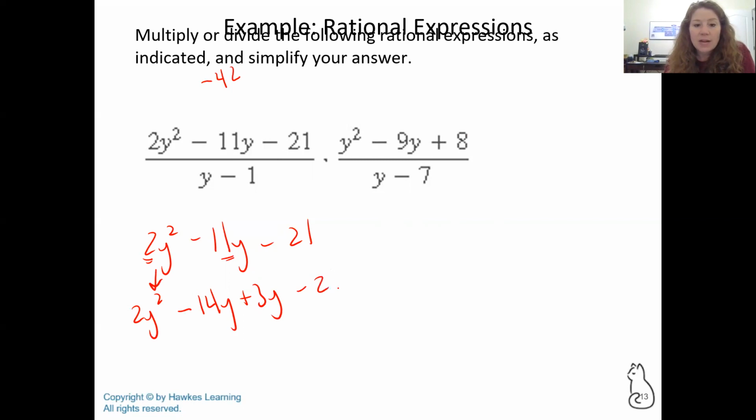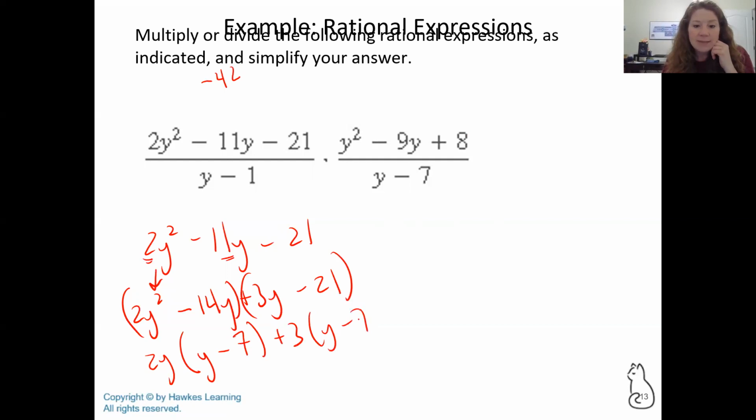And then we bring down our last term. So now we're going to factor by grouping. So we're going to bring out a 2y, and we get y minus 7. And then we're going to bring out a +3, and we get y minus 7.